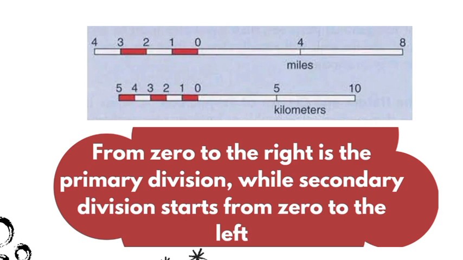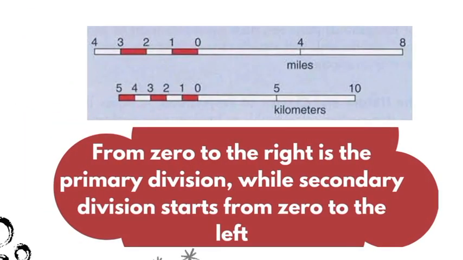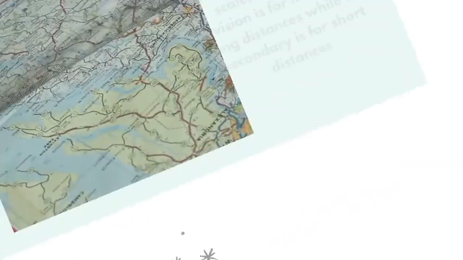As seen in the picture, the shade on the right hand side is different from the left hand side. From 0 to the right, the primary division is used to measure long distance, mostly in miles and kilometers. The shade from 0 to the left is used in measuring fractional measurement.